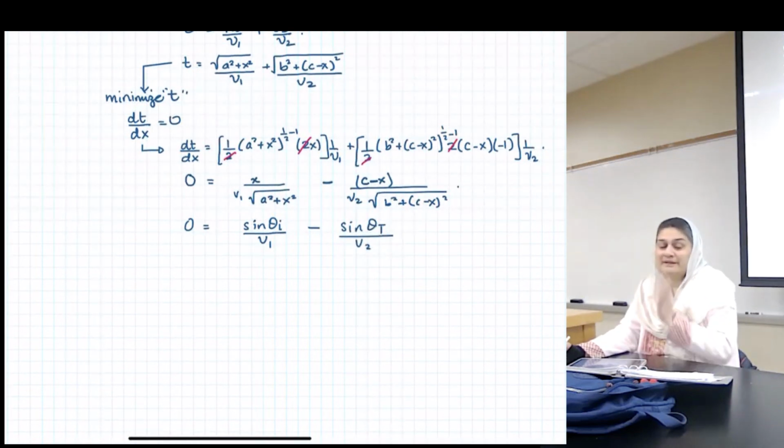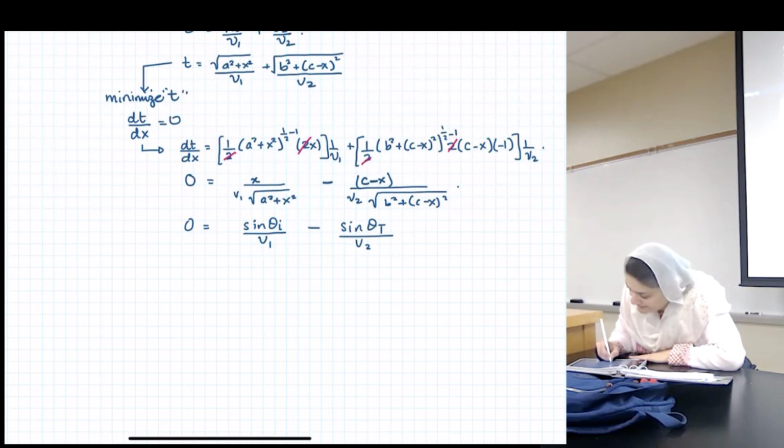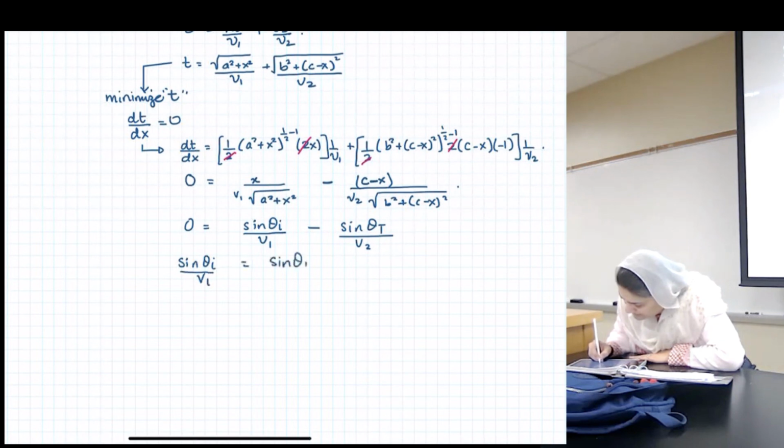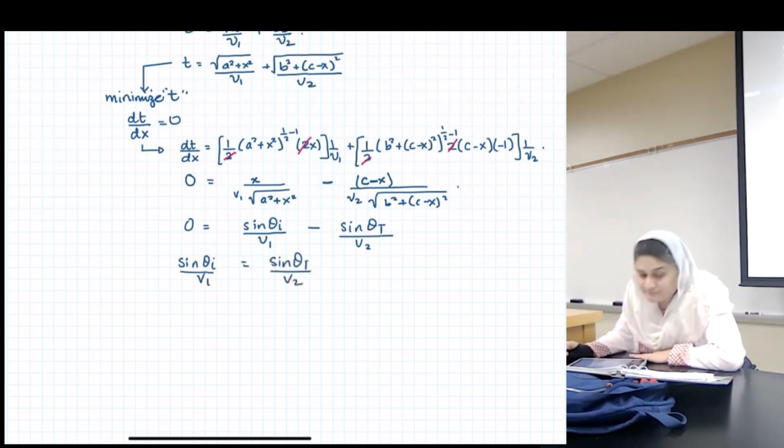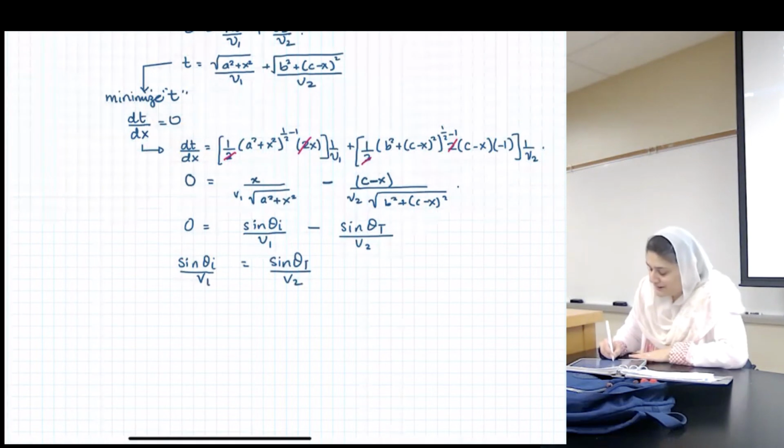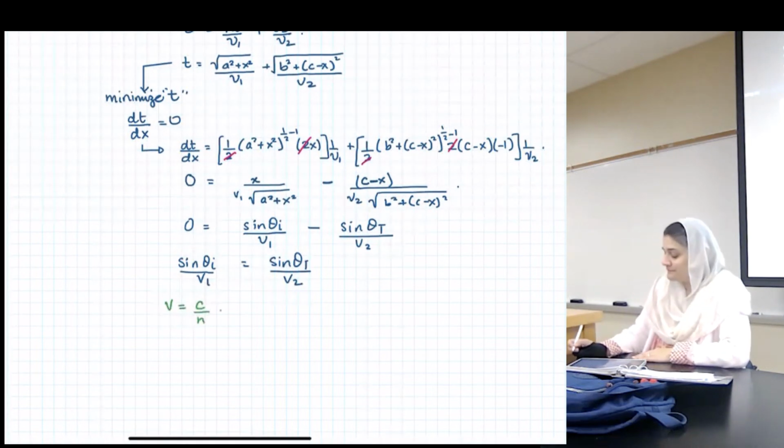Is it starting to look pretty? May I rewrite this as sine of theta I over v1 equals sine of theta transmitted divided by v2? Is v equal c over n?